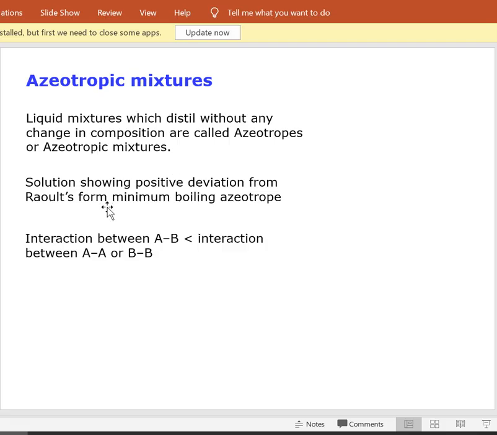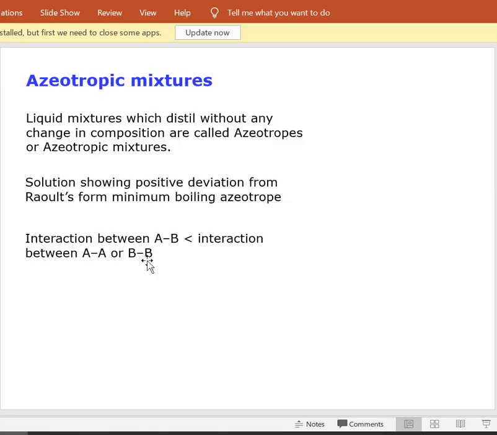And azeotropes are also of two types. One is minimum boiling azeotropes and another one is maximum boiling azeotropes. The solutions showing positive deviation from Raoult's law form minimum boiling azeotropes, and in such solutions the interaction between A and B is less than the interaction between solute-solute or solute-solvent.